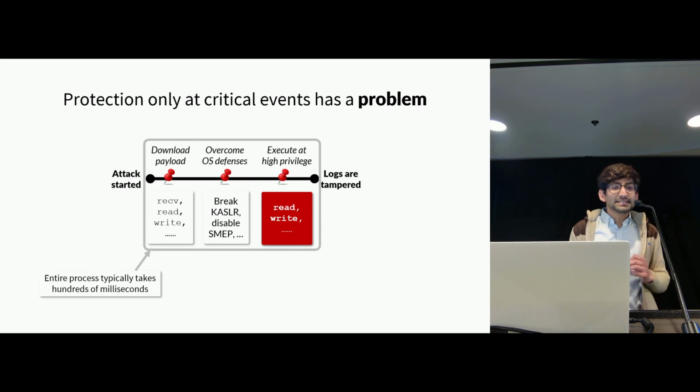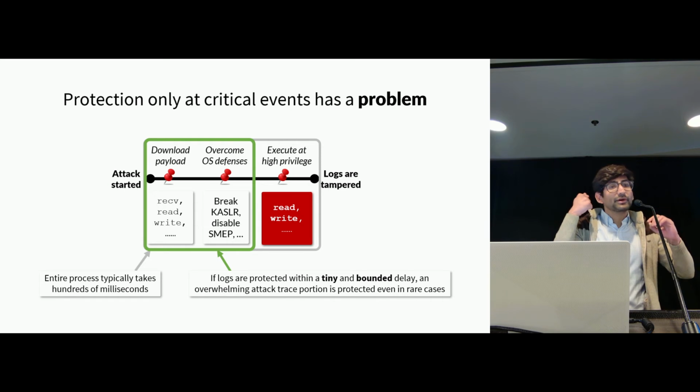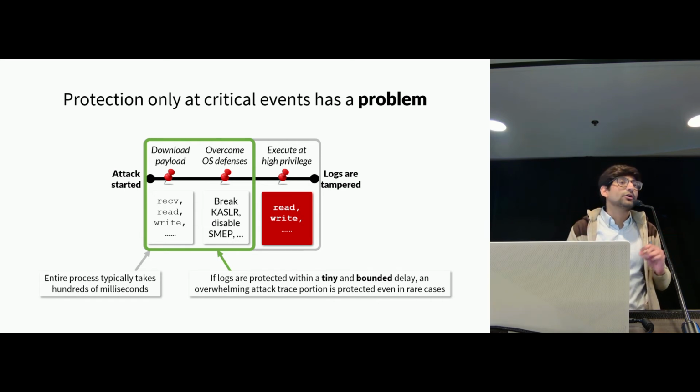We can leverage this insight to make sure that an audit system protects those logs with a tiny and bounded delay. If an audit system can protect logs with a tiny and bounded delay, it can ensure that an overwhelming portion of the attack trace is protected, even in the worst case where an attacker is able to use a non-critical event to compromise and execute code at high privilege.